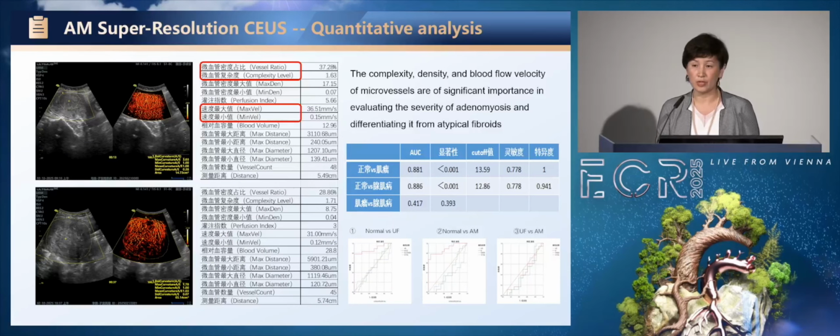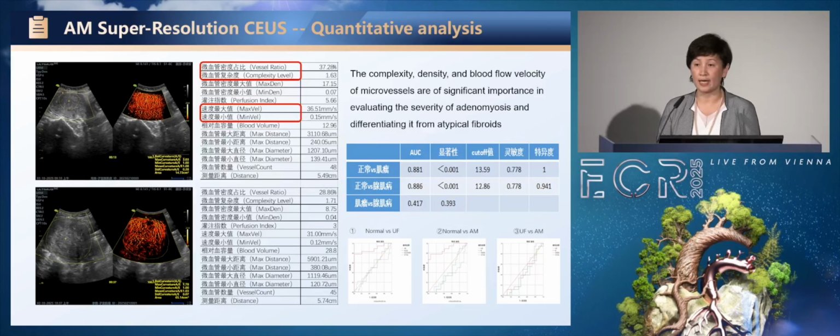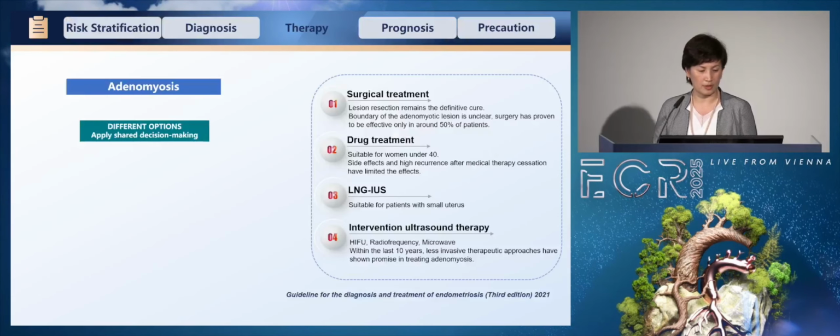And from the picture comparison, we can find that the complexity, density, and blood flow velocity of the microvessels are of significant importance in evaluating the severity of adenomyosis and differentiating it from a typical fibroid.